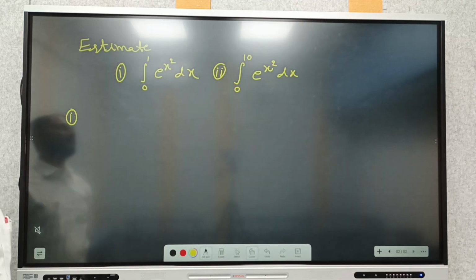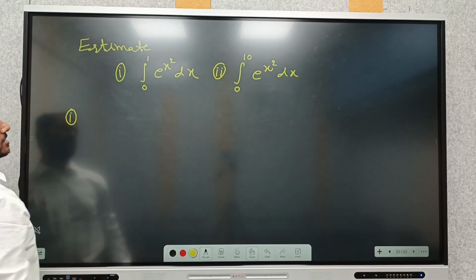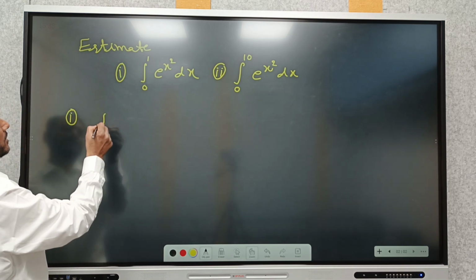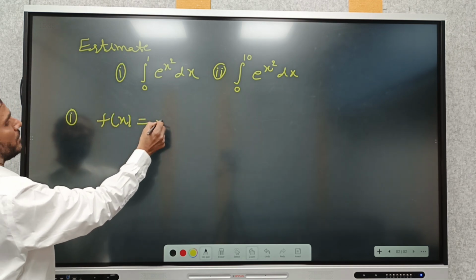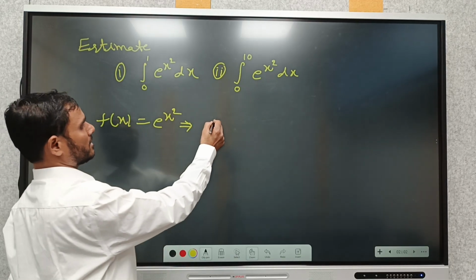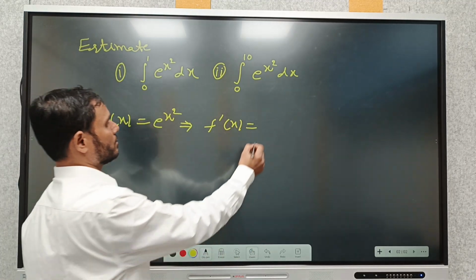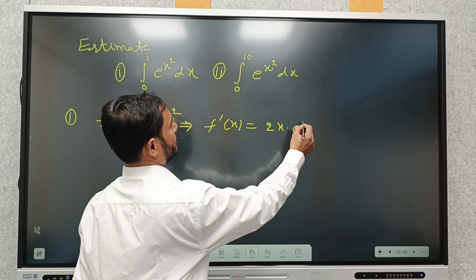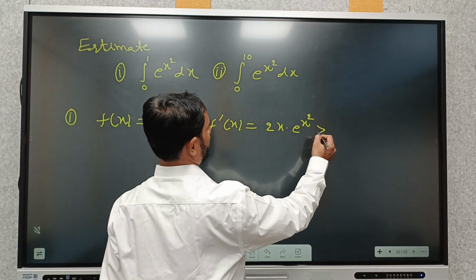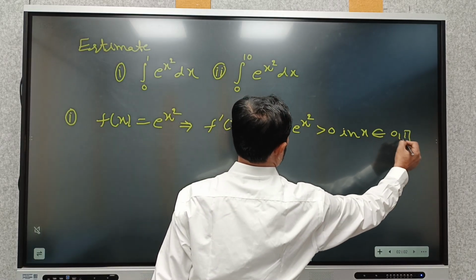First one, estimation of e to the power x square. First we check its maximum or minimum value. Take function f(x) equal to e to the power x square. Differentiate this function, we get f dash x equal to 2x into e to the power x square, that is greater than or equal to 0 in the interval x belongs to 0 to 1.